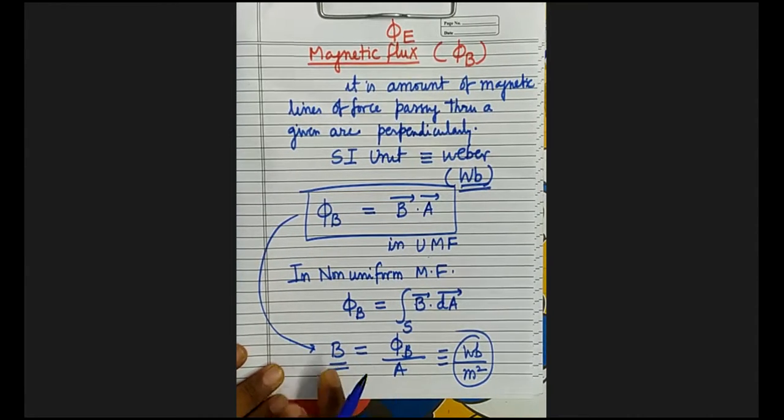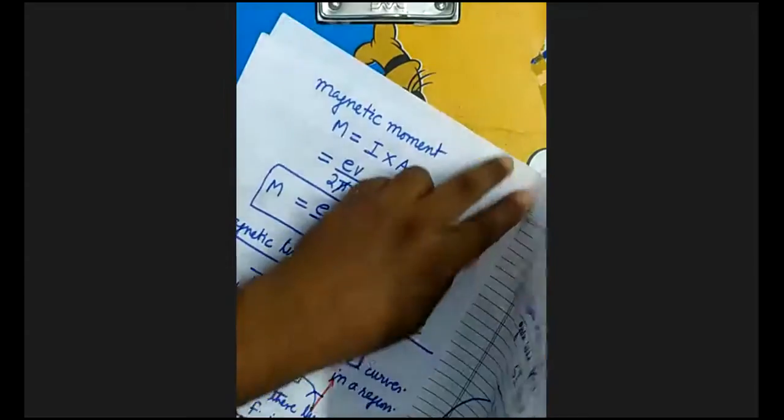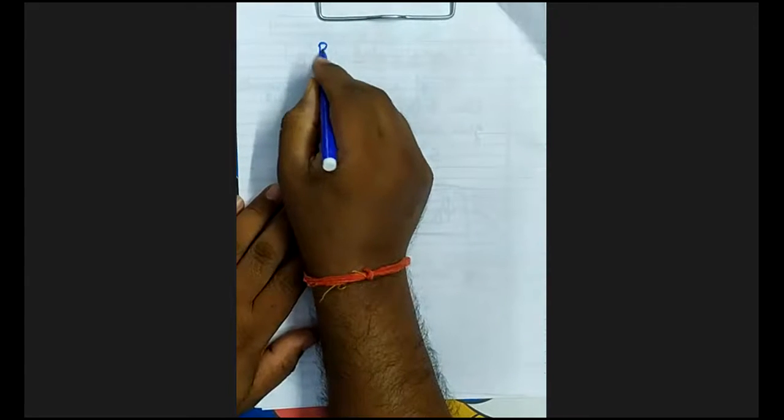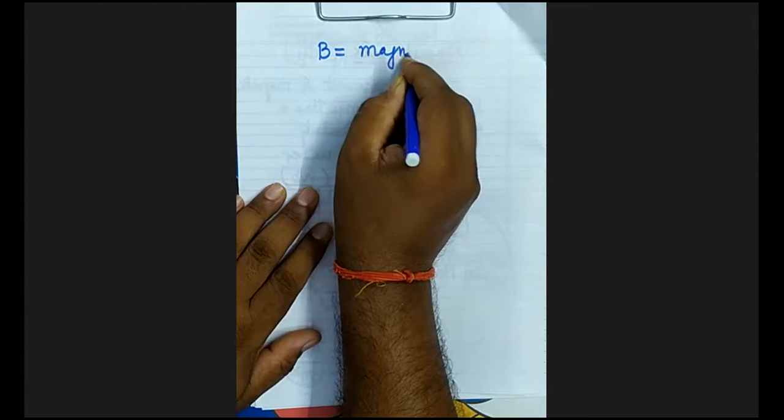And here we give one more name to the B. It is the magnetic flux density. B is also known as, from here we can name strength of magnetic field or simply magnetic field as the magnetic flux density.